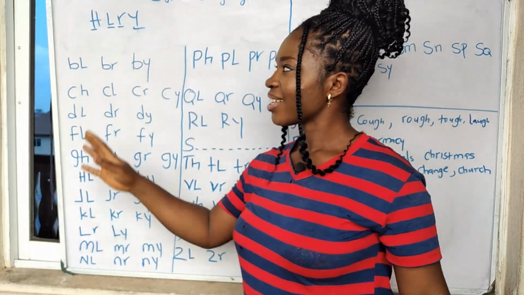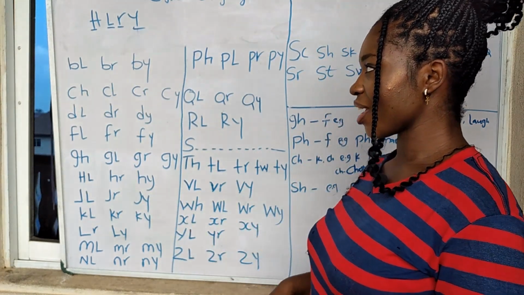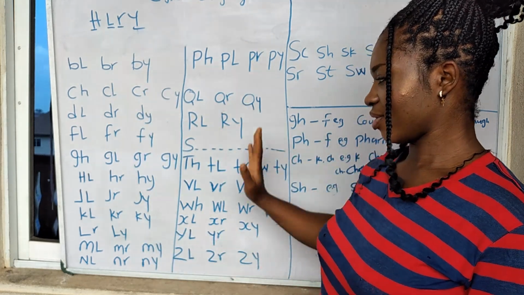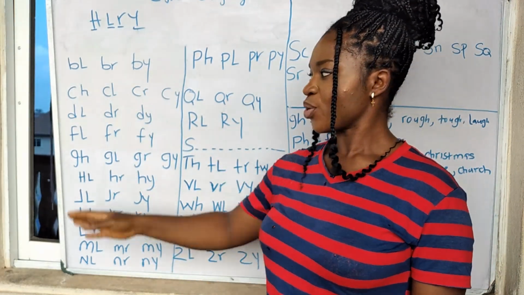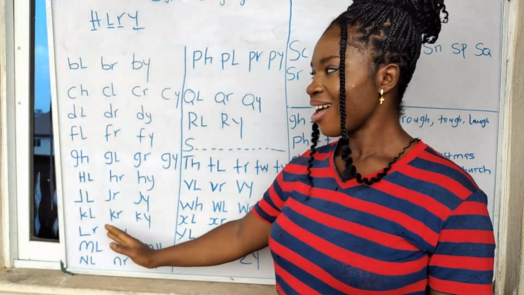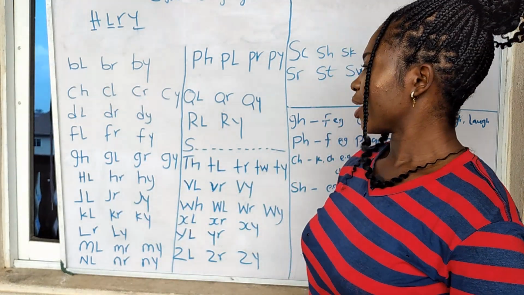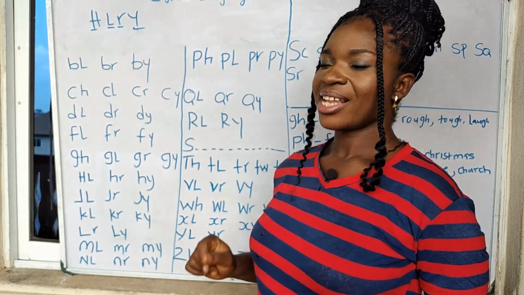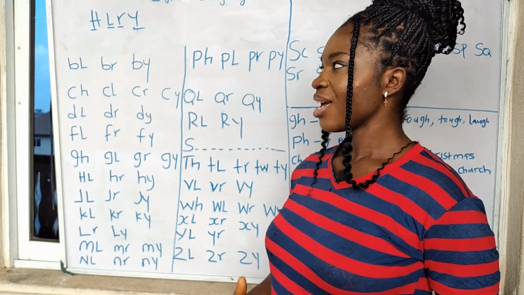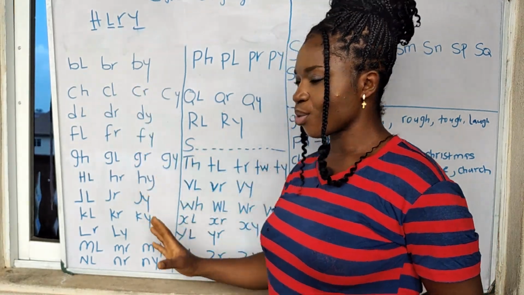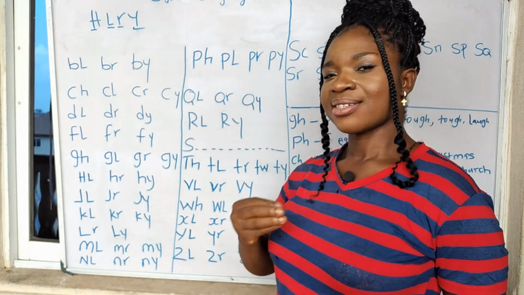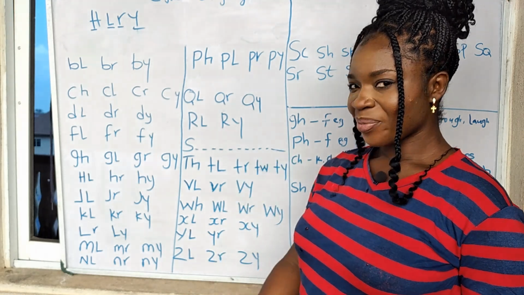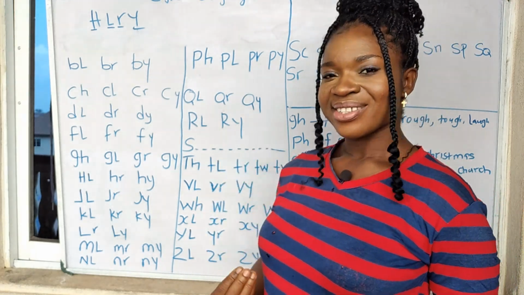Welcome back. So right here on the board, the main business of the day, we have letters like this. As we all know, if you've been following me, you will know what these things are and what they are doing right here. Okay, so we've been doing the consonant vowel. Today let's do consonant because it is necessary for us to know that sometimes it is consonant vowel, then sometimes again it is consonant.